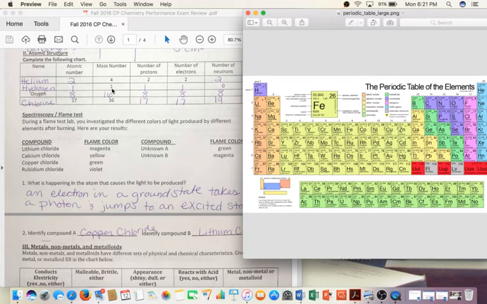All right, third line. So they told you it was oxygen and they want you to find everything else. So find oxygen, look for the O. He's over here in group 16, period 2. So he has atomic number of 8. Look at the bottom. His atomic mass is going to be 16.